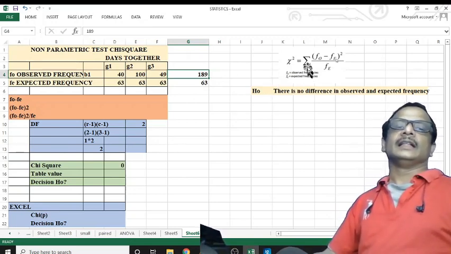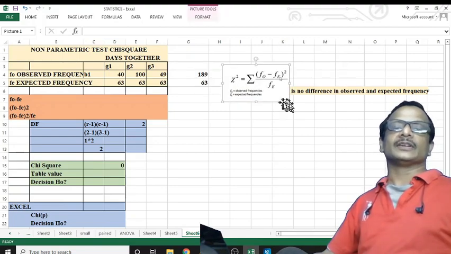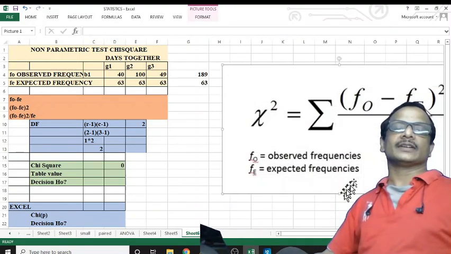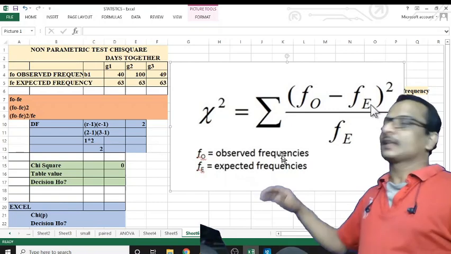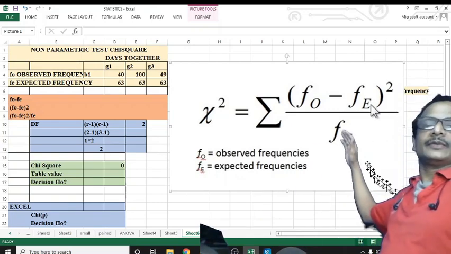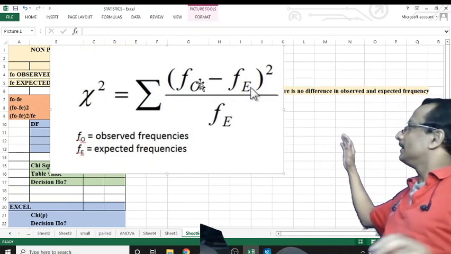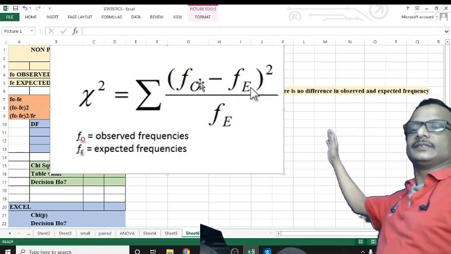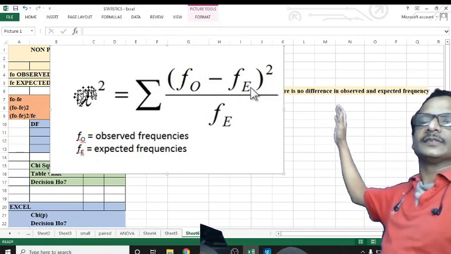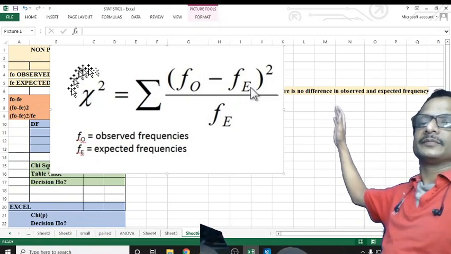Then come to this particular equation. In this equation, this is the symbol of chi-square.